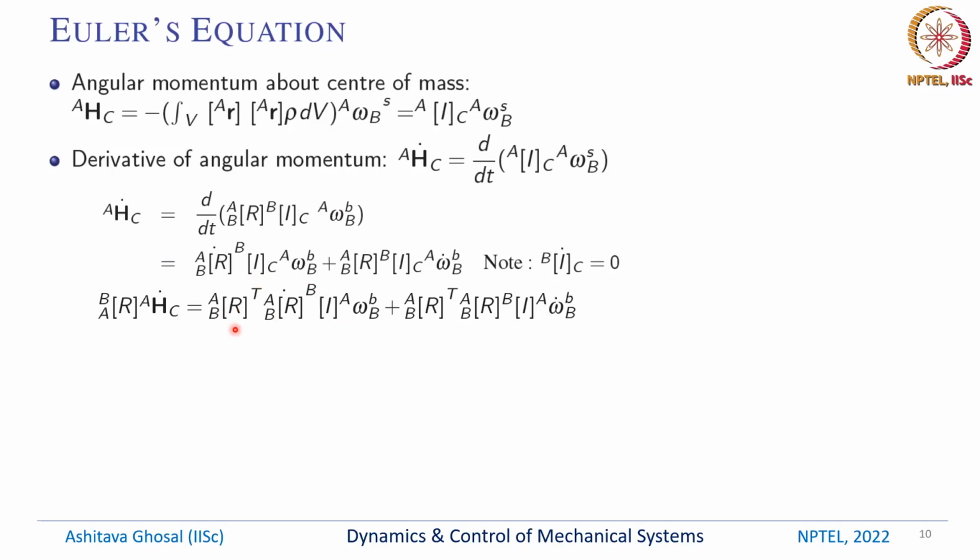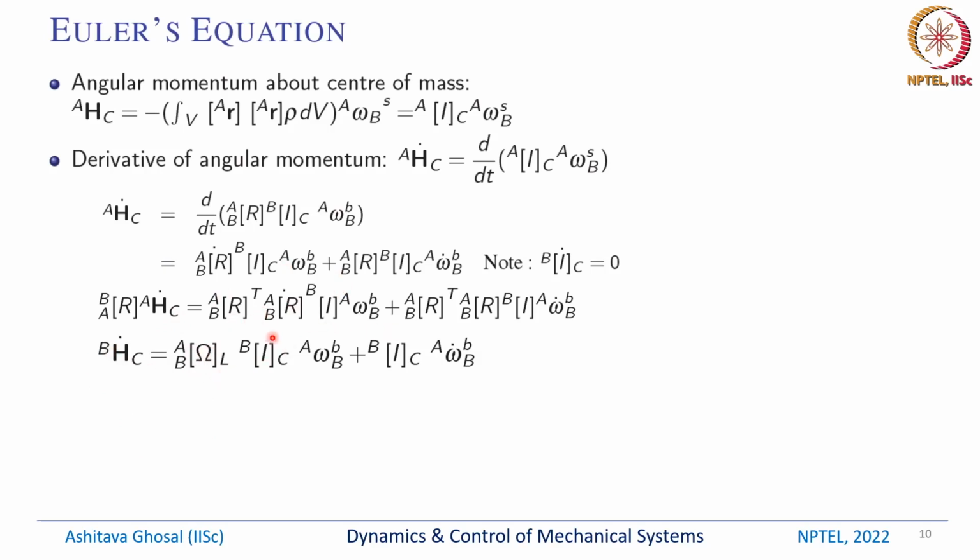If you go back and see your notes, the space fixed angular velocity is R dot R transpose, whereas the body fixed angular velocity is R transpose R dot. So hence, the rate of change of the angular momentum in the B coordinate system can be written in terms of a skew symmetric matrix, which is A omega BL.